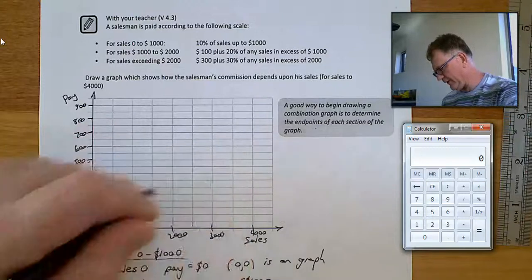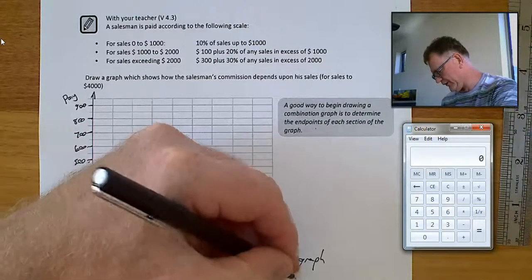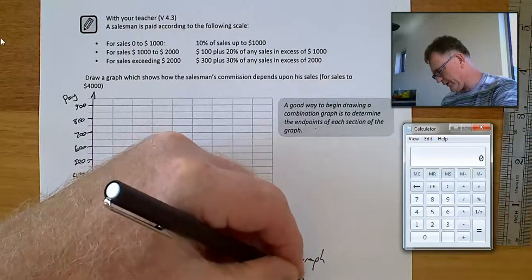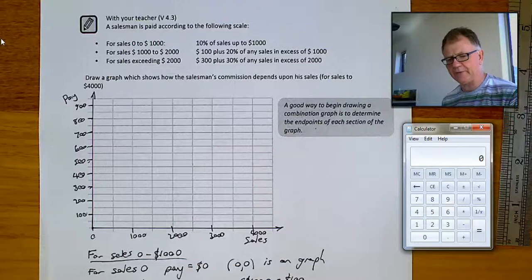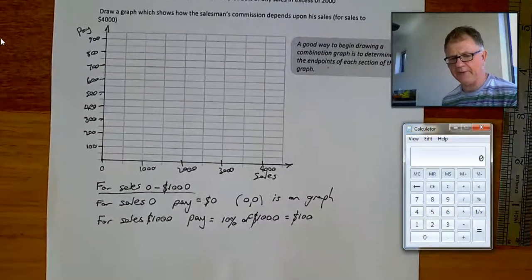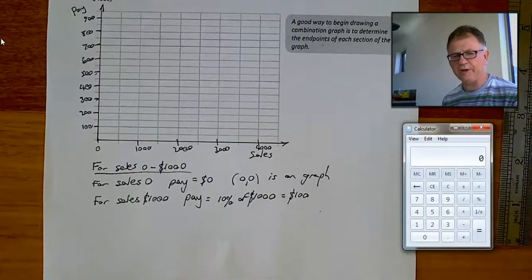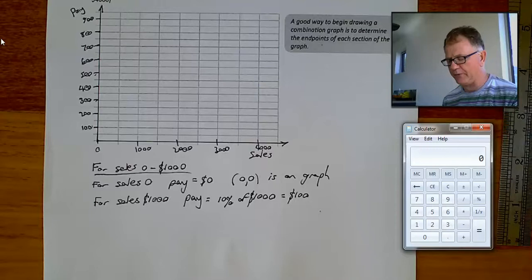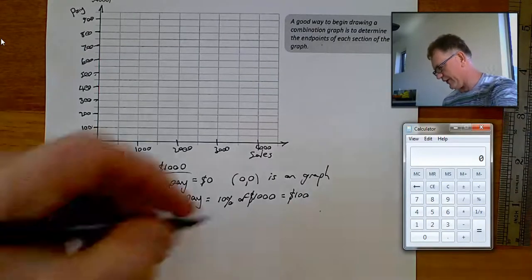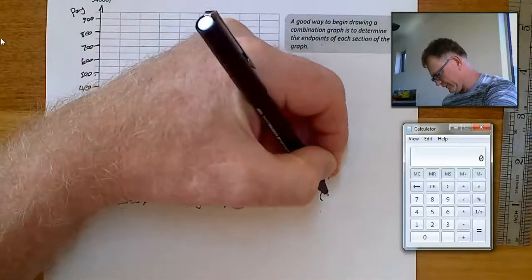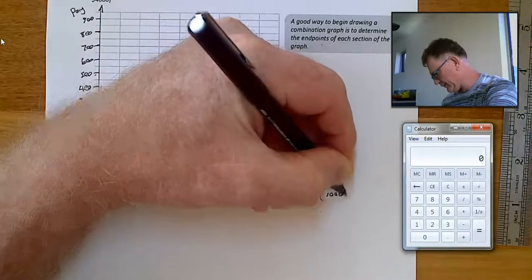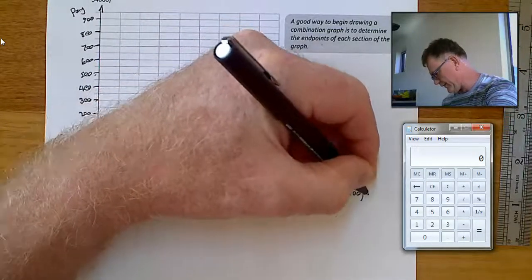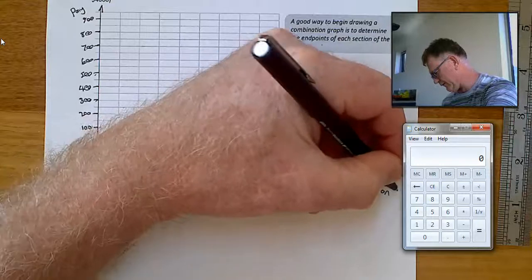You can do the maths here. Well, 10% of a number is easy enough to work out: $100. So we've found another point on the graph. That means that the point sales equals 1,000, pay equals 100 is a point on the graph.